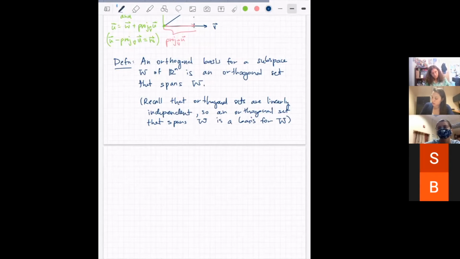The other definition that we will have is an orthonormal basis.